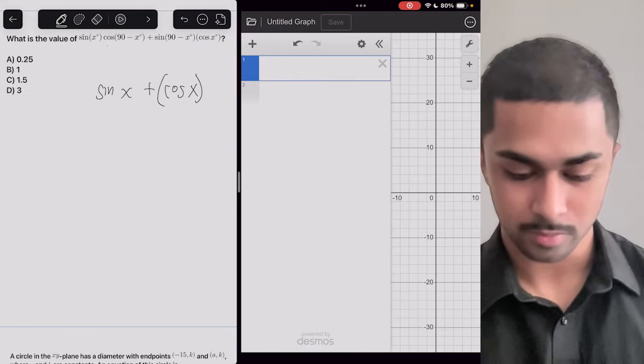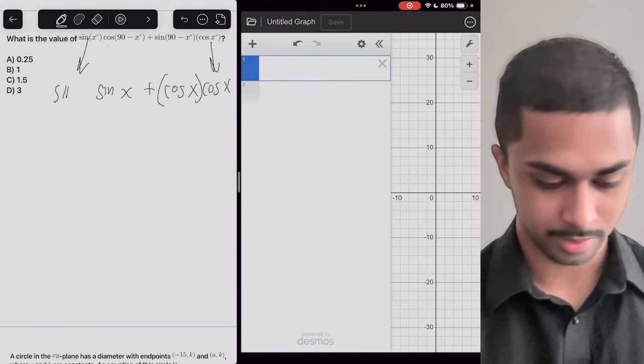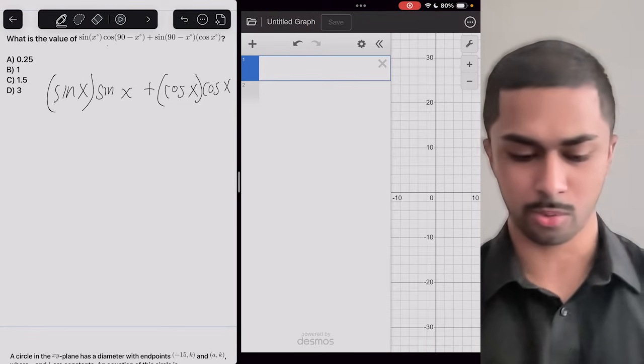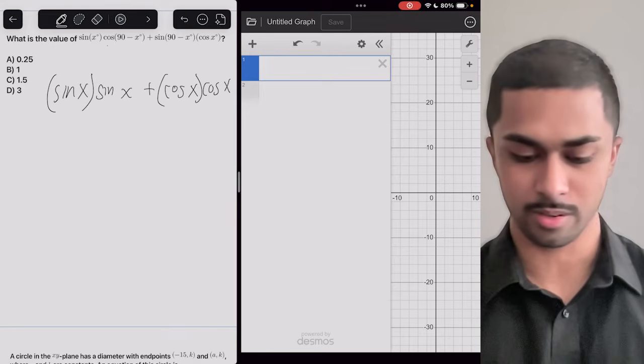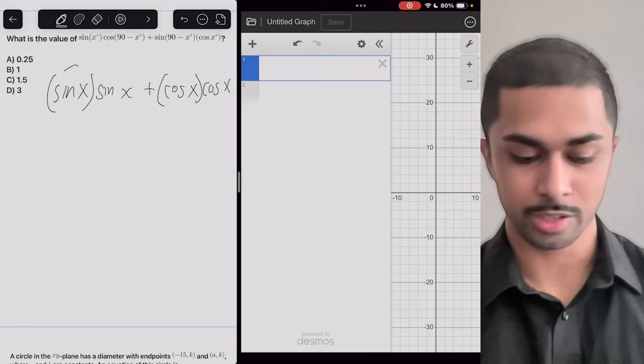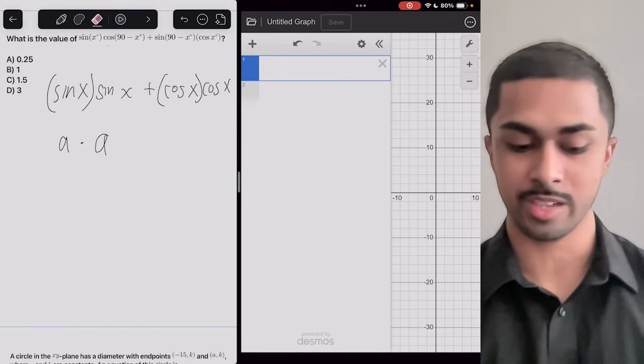Now, let's add back the rest of this. So sine x. And you might be saying, well, Roy, what do I even do from here? This doesn't help me out. From here, just treat these as variables. So pretend sine x is equal to a. If you see a times a, what does that simplify to?